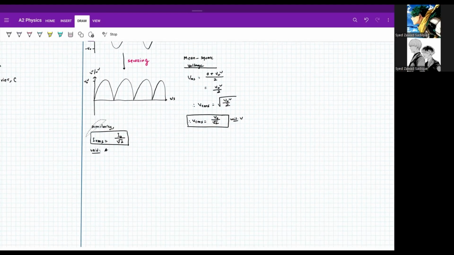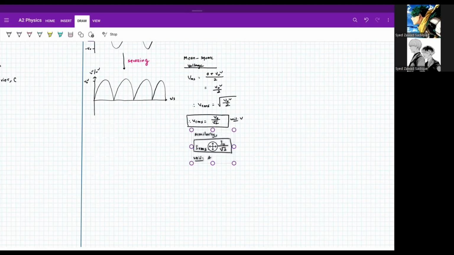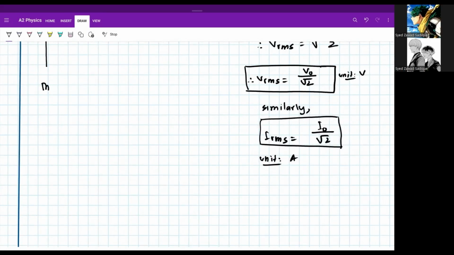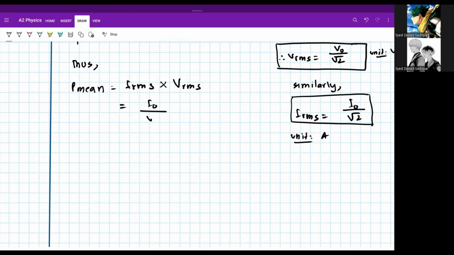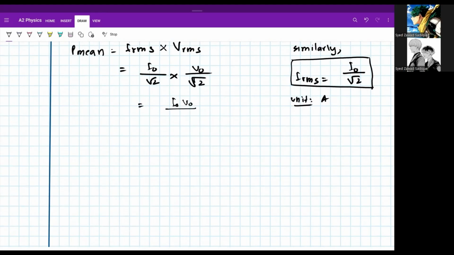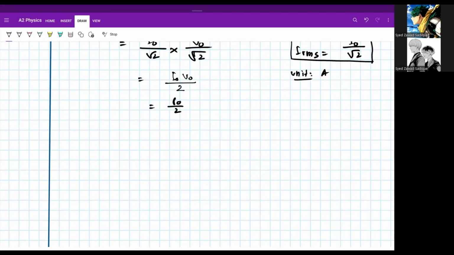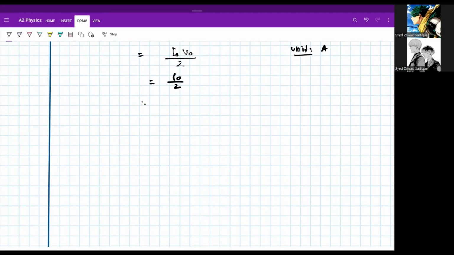Thus, we can say that P mean is equal to I RMS multiplied by V RMS, which is equal to I naught by root 2 times V naught by root 2, which is equal to I naught V naught by 2. And we know that I naught V naught is also P naught. Therefore, P mean is equal to P max divided by 2, which is equal to P naught divided by 2.